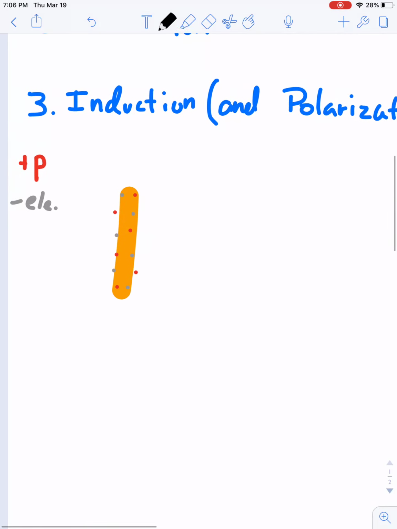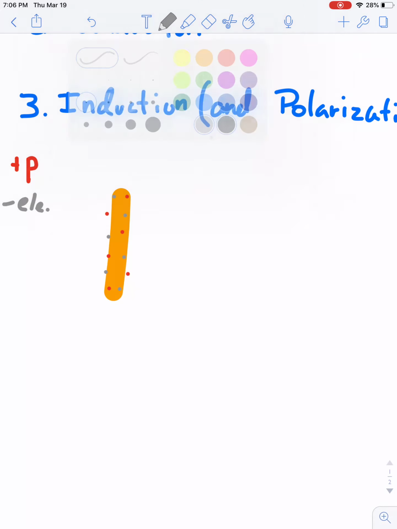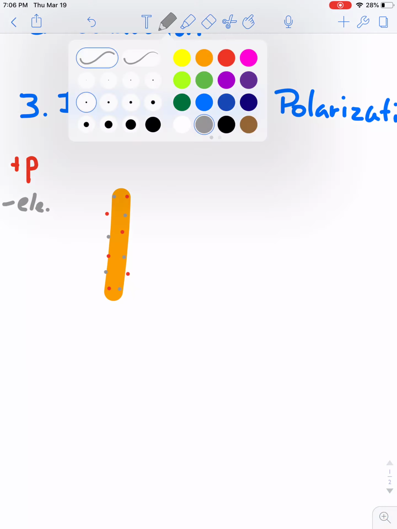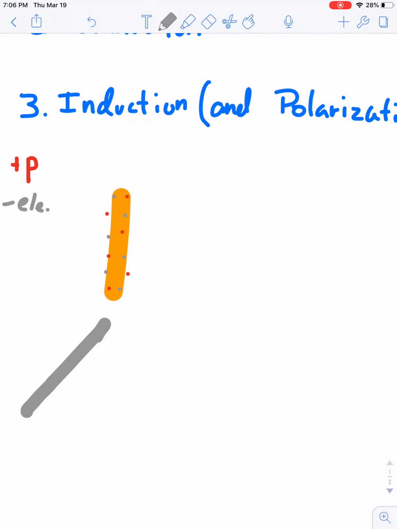So let's say there is a negatively charged rod. It's a negative charge. That goes near it, but notice that they are not touching.